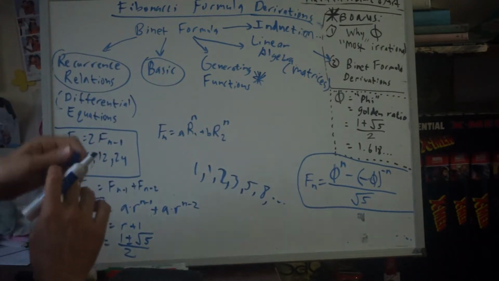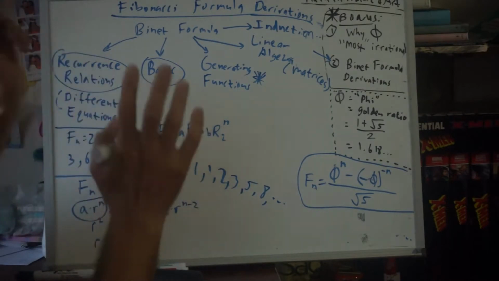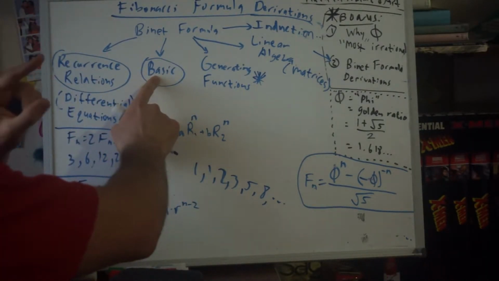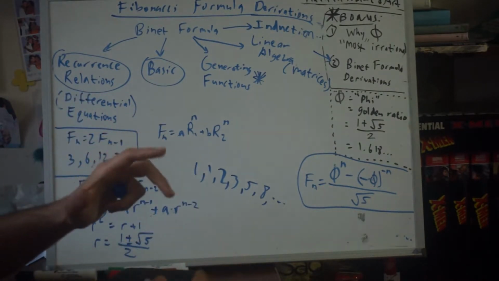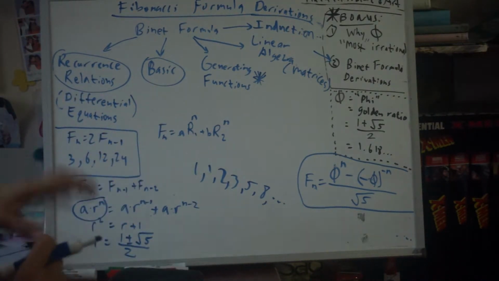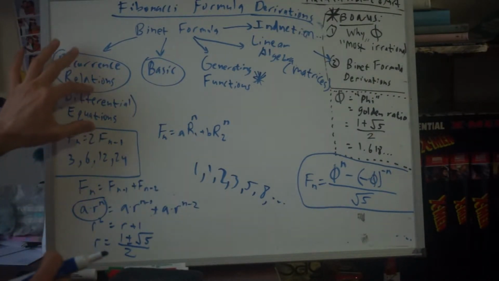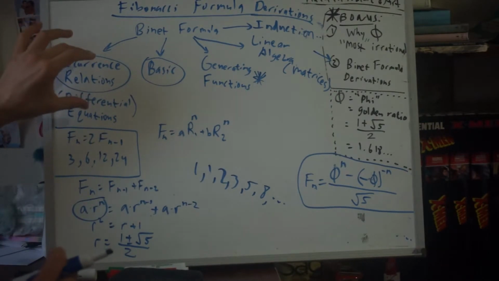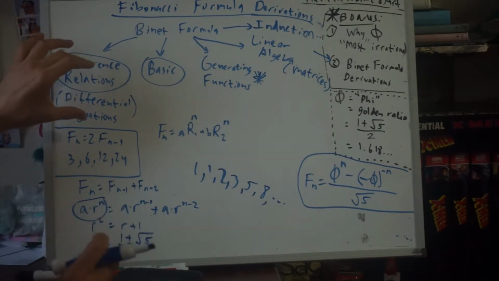Alright. Then there's what I call the basic method. It's not very basic. I'll make a link to it. It's basic in the sense that it does not involve any complicated math. So the recurrence relation method involves a few steps that if you haven't seen more advanced math, you probably would never know how to do.